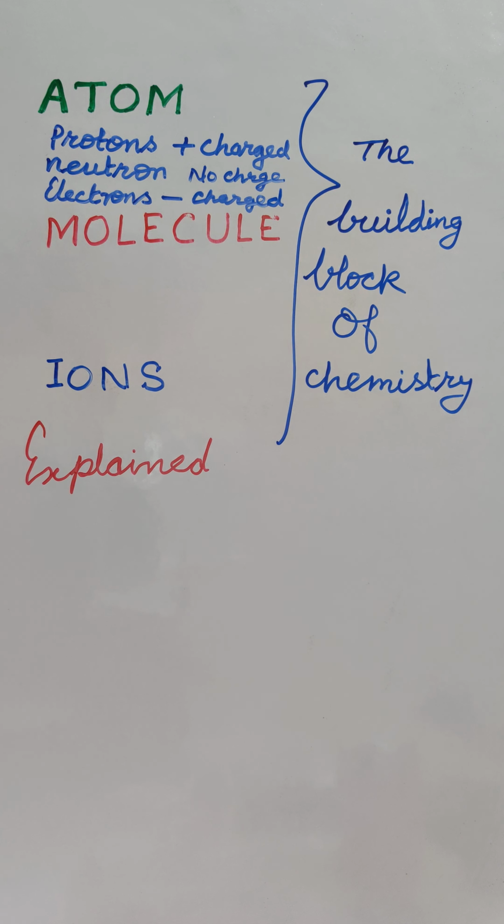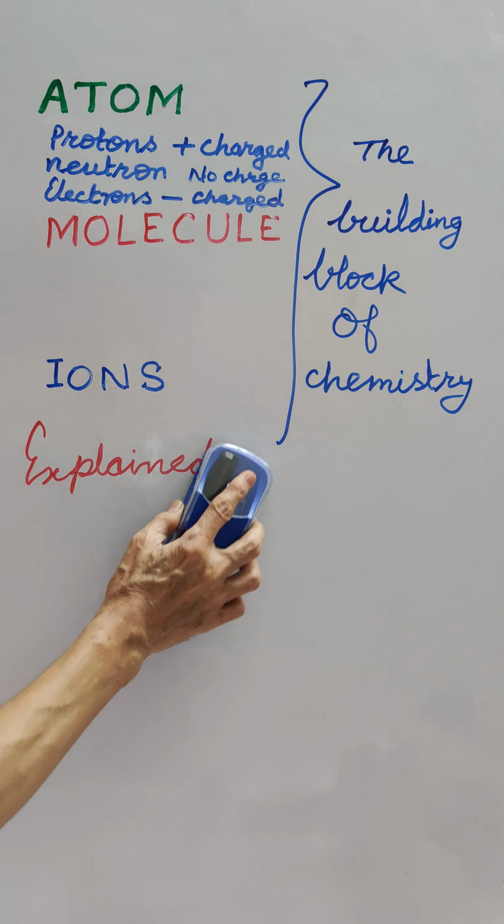These electrons revolve around the nucleus, and protons and neutrons are found inside the nucleus. So this is the building block of chemistry. Atom is the building block of chemistry.